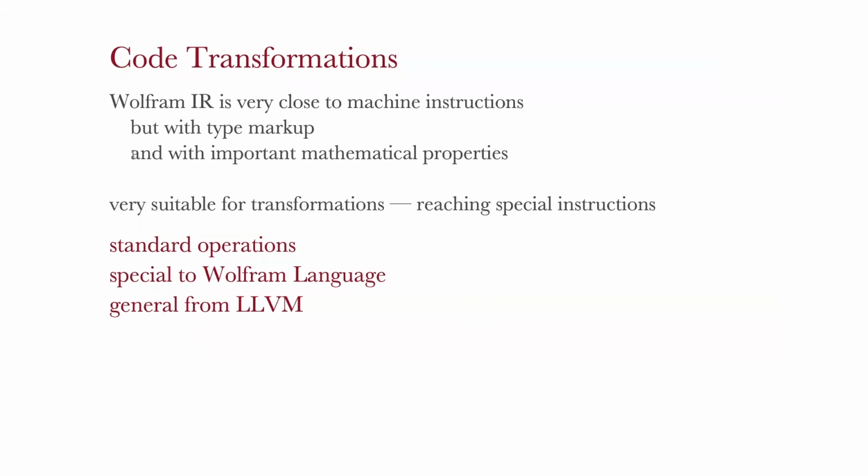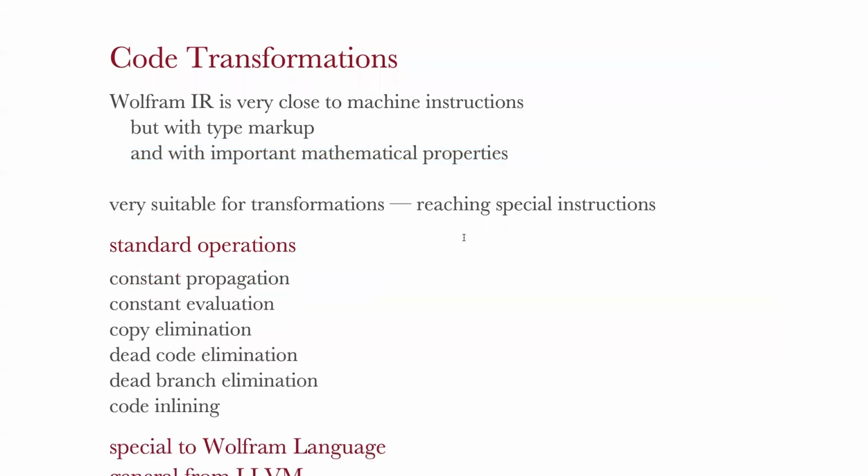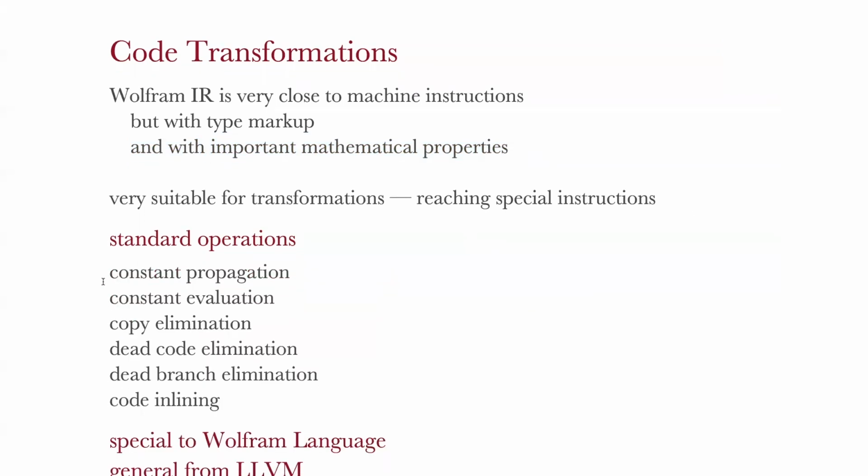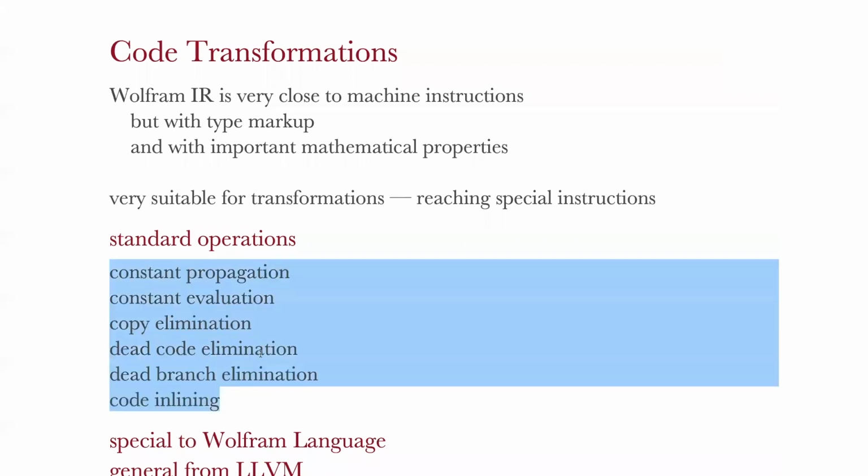And then there's another detail, which is probably too technical to go into at the moment, but it's written in a certain way that has some important mathematical properties that make it very suitable for transformations and suchlike. In optimization, some of the standard techniques are things like constant propagation, constant evaluation, eliminating copies, eliminating code and branches, and inlining code.